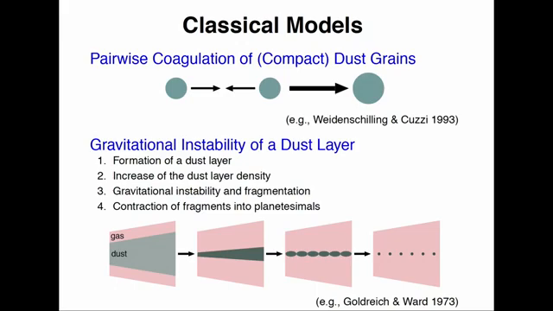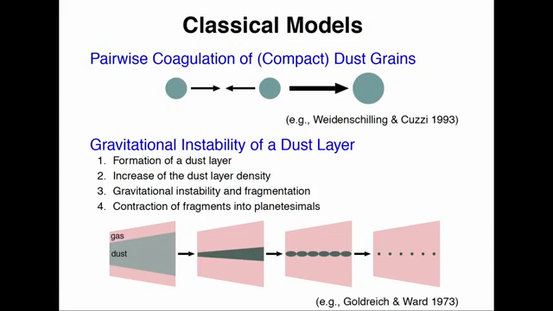Dust settles toward the mid-plane, and once the density of the dust layer becomes higher than the Roche density or some critical density, then the dust layer becomes gravitationally unstable and fragments.